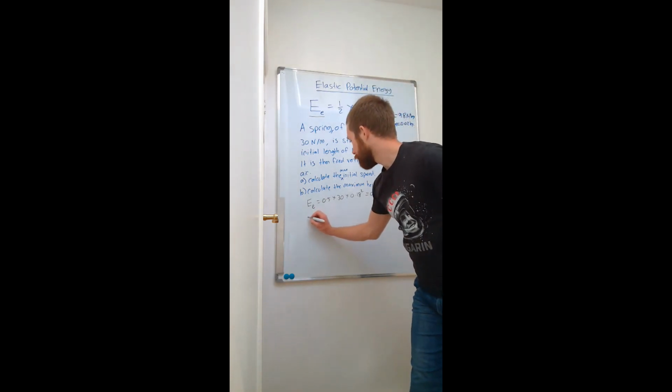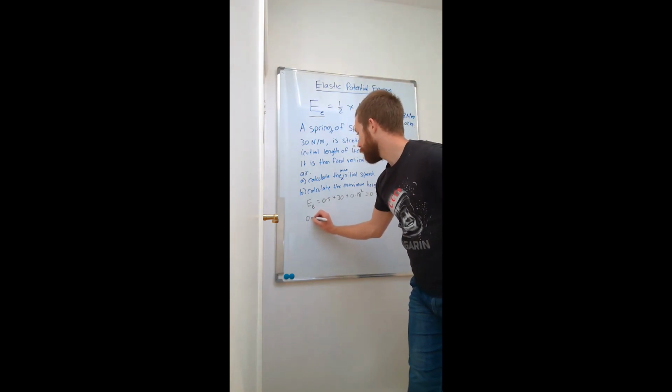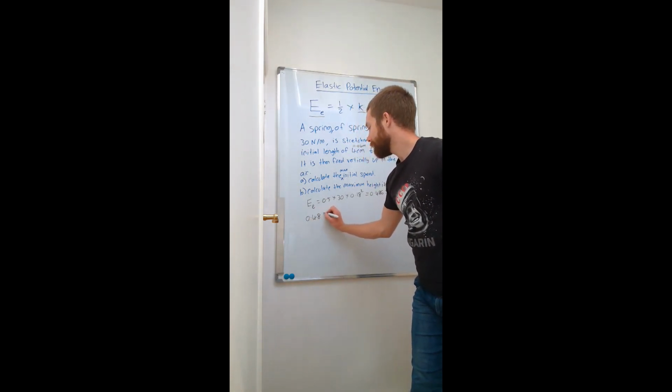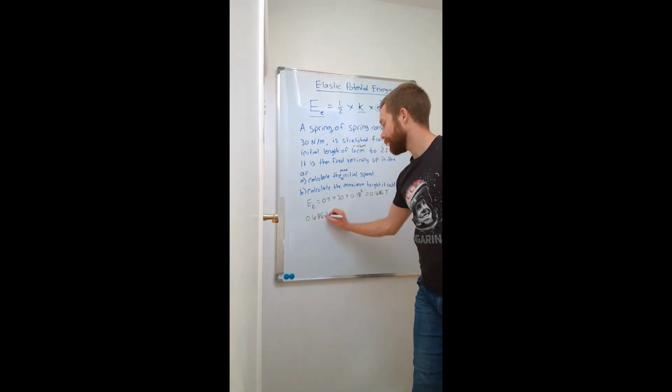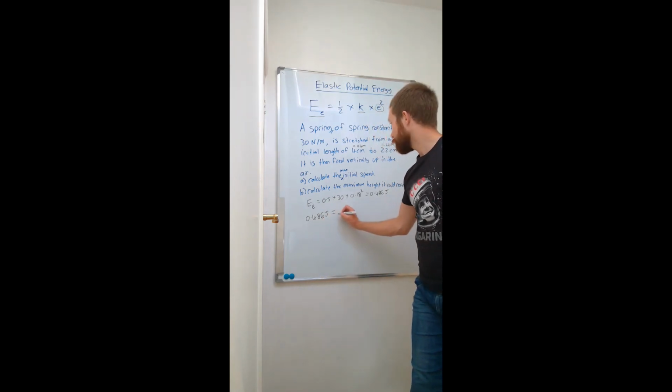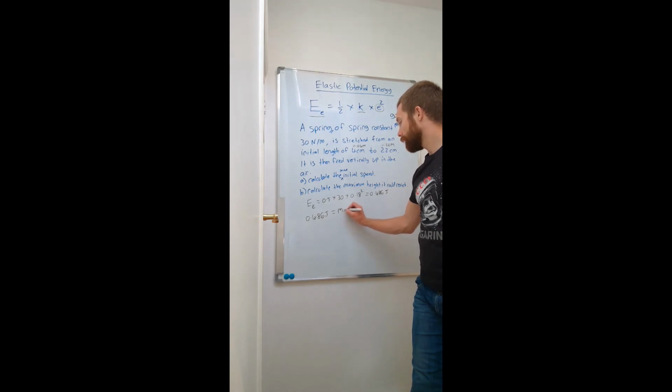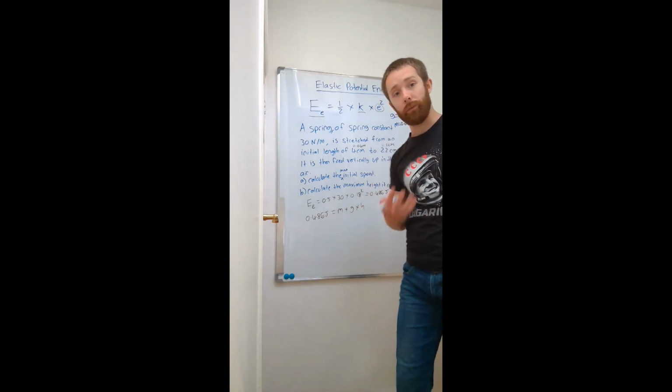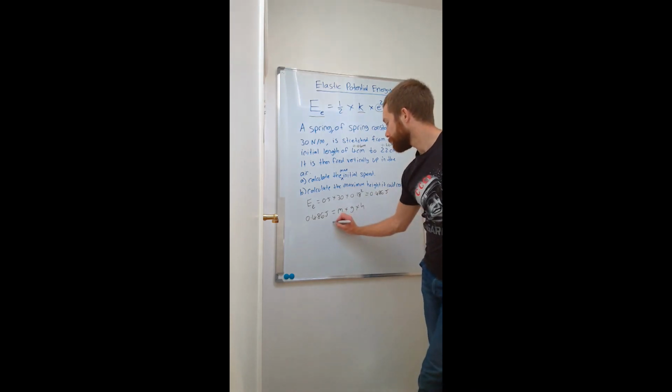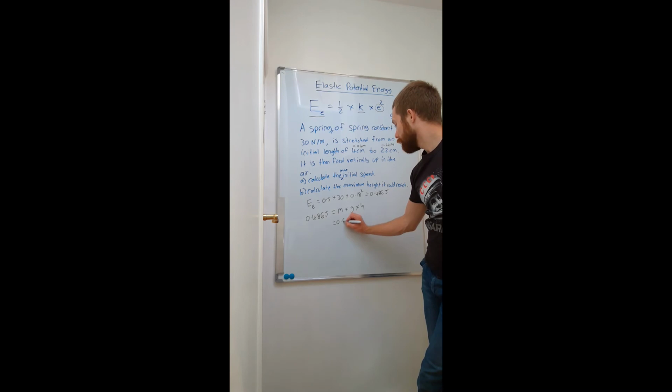So this time I'm going to say my 0.486 joules of elastic potential energy is equal to the mass times by gravitational field strength times by the height, because this is our gravitational potential energy equation, which is equal to 0.02 times by 9.8 times by the height.